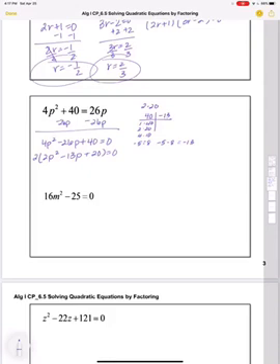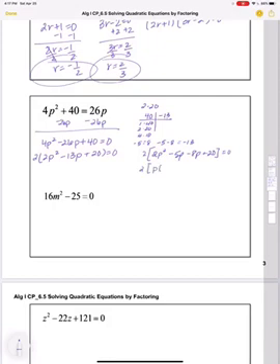So if you want to do grouping, you've got 2p squared, and you got to keep your 2 out here in front. 2p squared minus, well, if you do 5p, that's fine. And then minus 8p, and then plus 20 equals 0. So then you'd have 2, and then what can you take out of those?